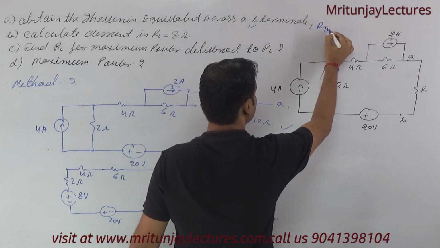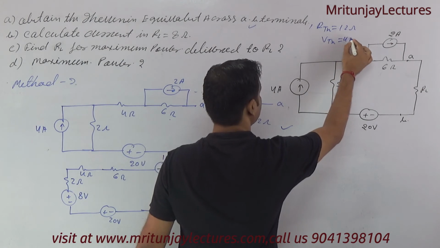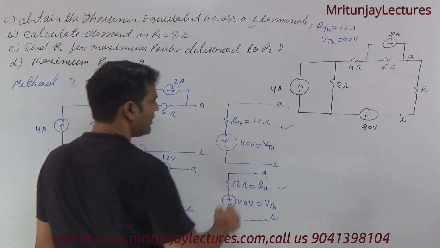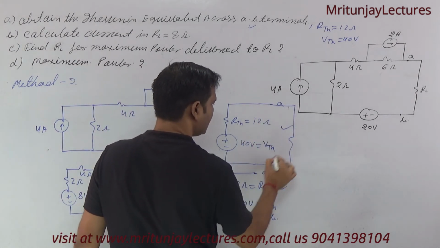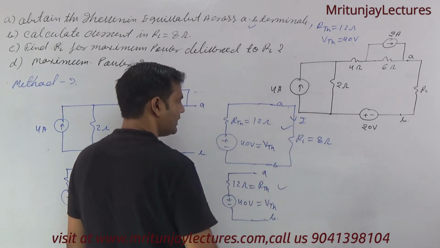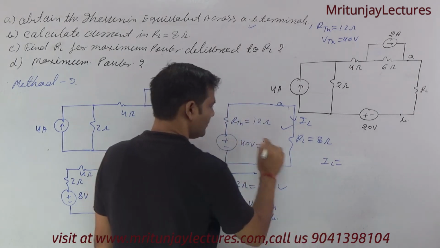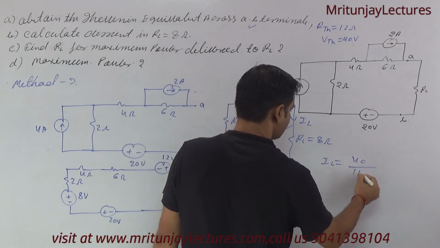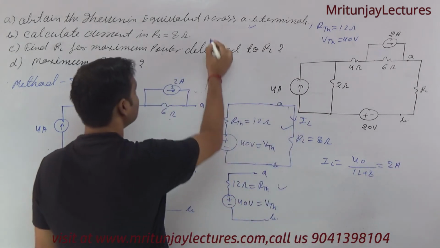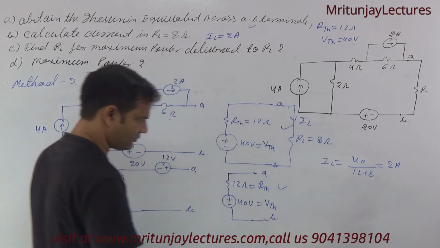Corresponding to this one, that is 12 ohm, and VTH is 40 volt. After RL is connected, if RL is 8 ohm, then IL is 40 divided by 12 plus 8, that is 2 ampere. Clear or not? The second question is completed.